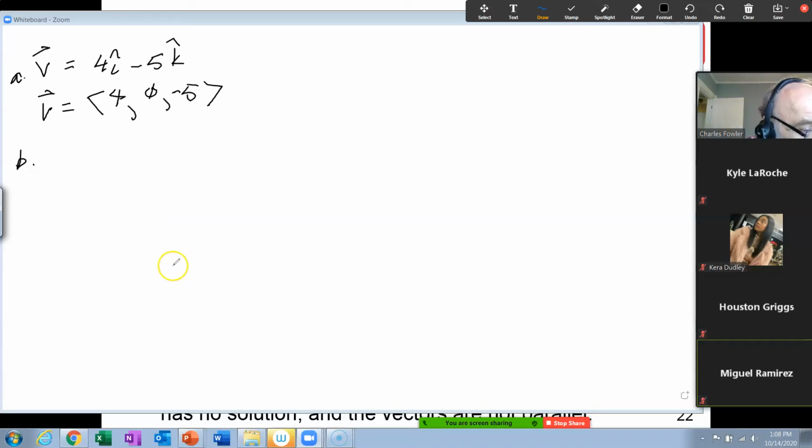Find the terminal point of the vector. Here's the vector V, different vector V here, by the way, which is 7i unit vector minus j unit vector plus 3k unit vector.